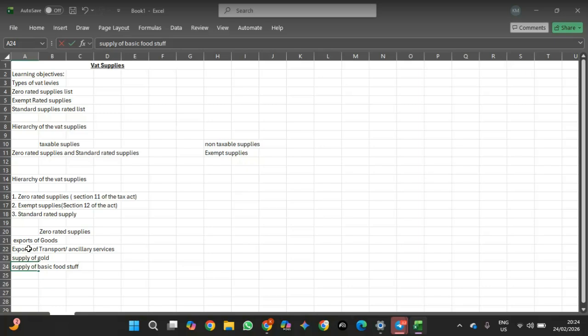So my advice is to think of your daily essentials when you're looking at this zero-rated supply of basic foodstuff. Think of your daily items. What do you necessarily need on a day-to-day basis to survive as a human being? You don't need a non or ultra to survive every day, do you?